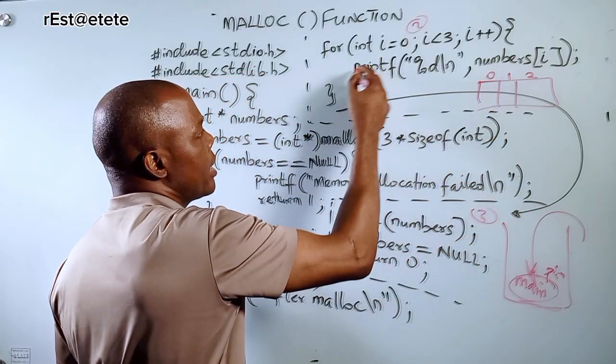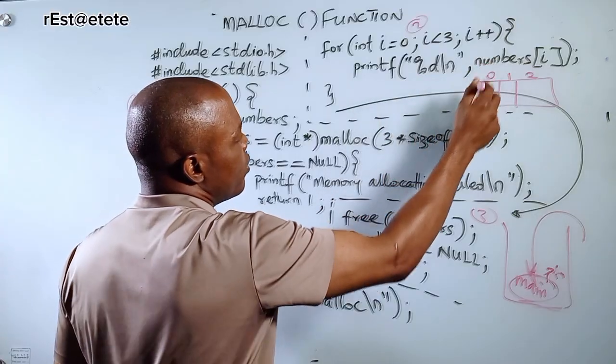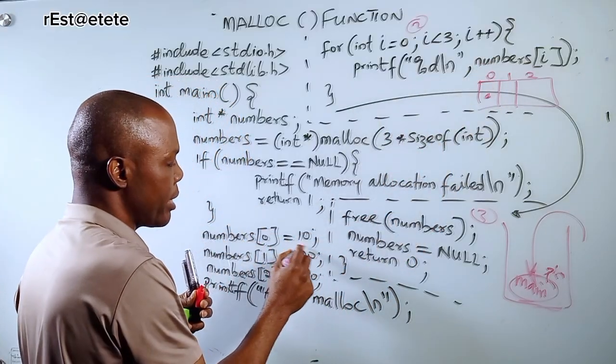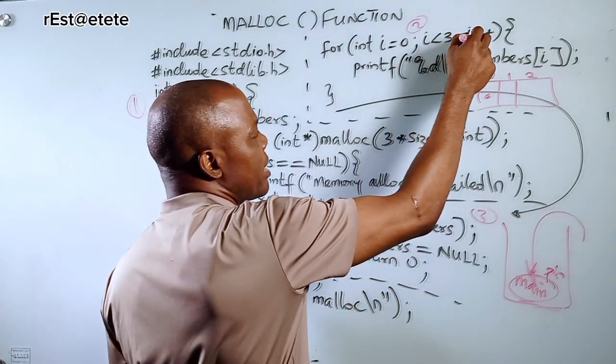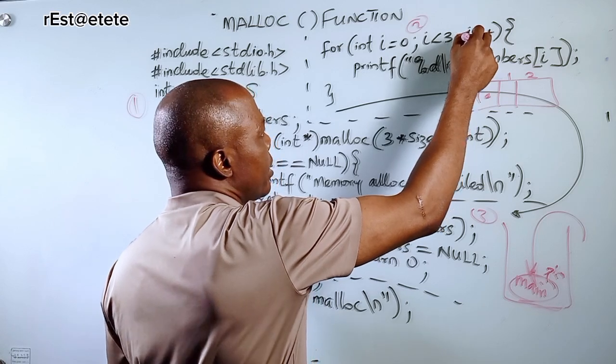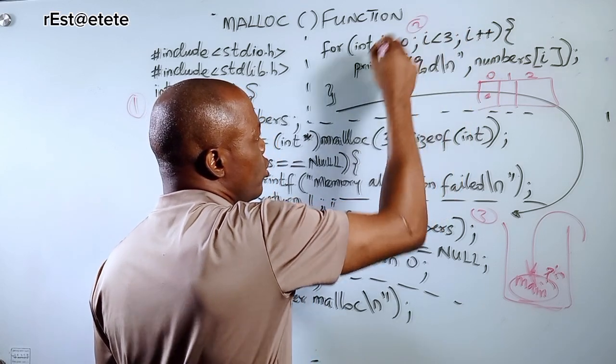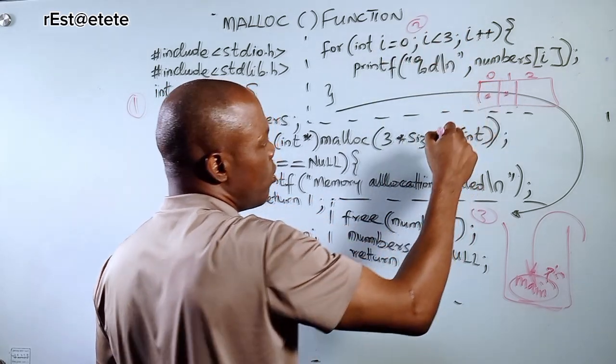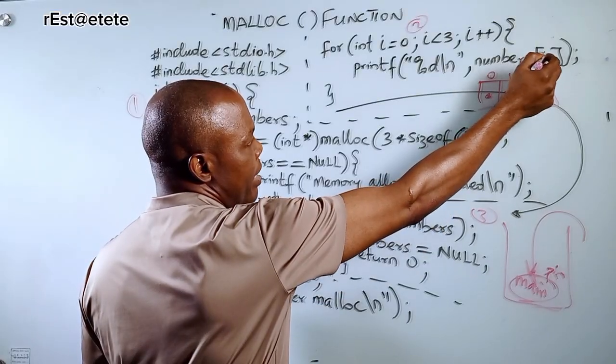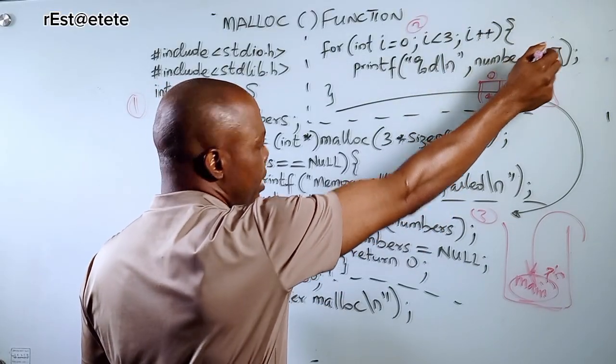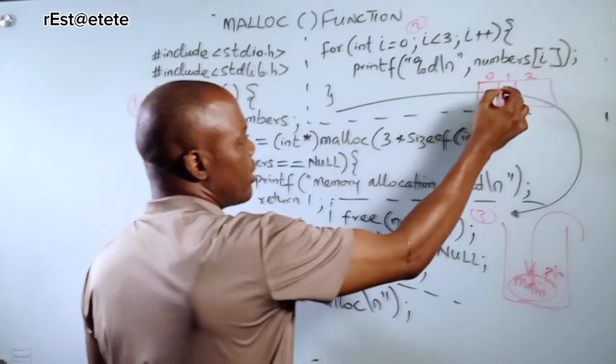For this first index, it will go in and print out whatever is inside, which is 10. Then it will increment i to 1. 1 less than 3 is true. It will come in and print out what is inside. That's why you have i here. So numbers[1], which is this one, will print out 20.